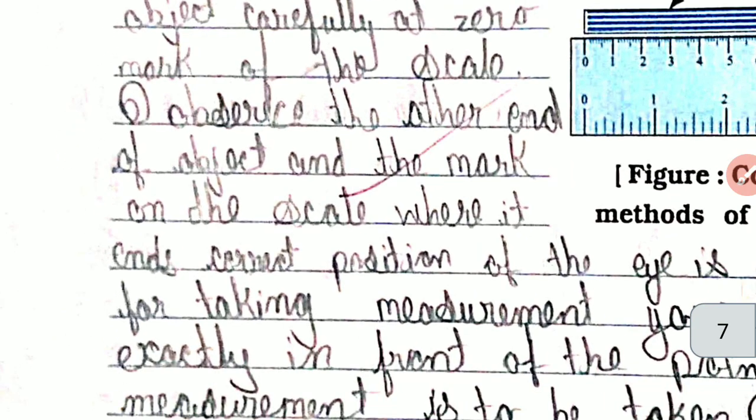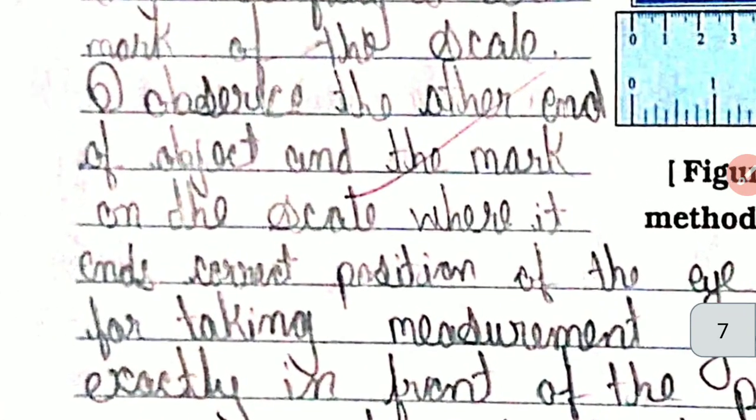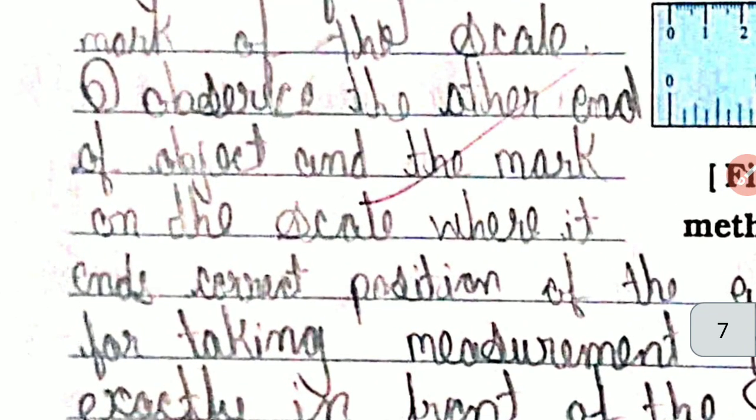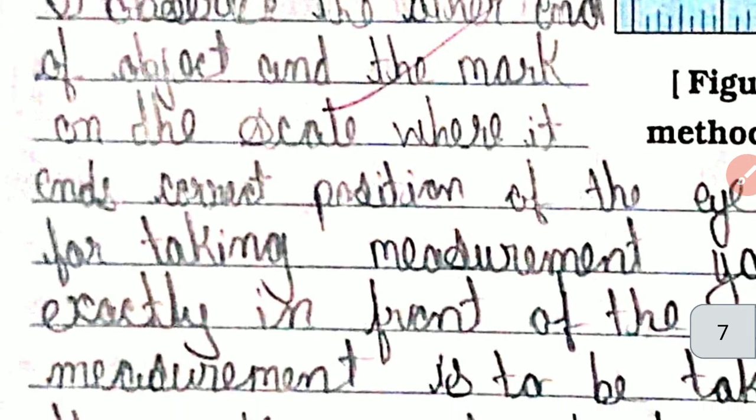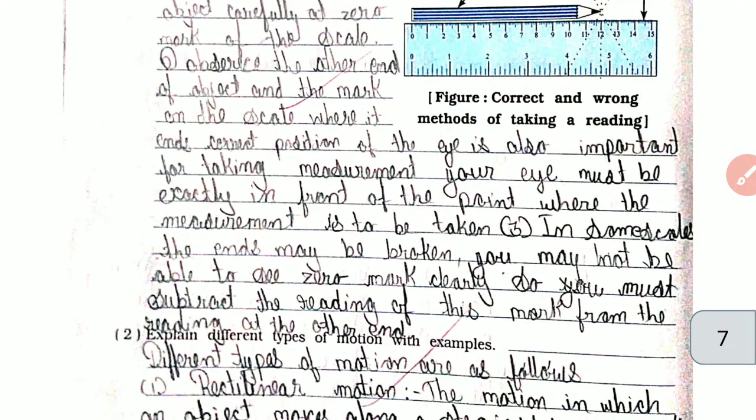Second number, observe the other end of the object and the mark on the scale where it ends. The correct position of the eye is also important for taking measurement. Your eye must be exactly in front of the point where the measurement is to be taken.